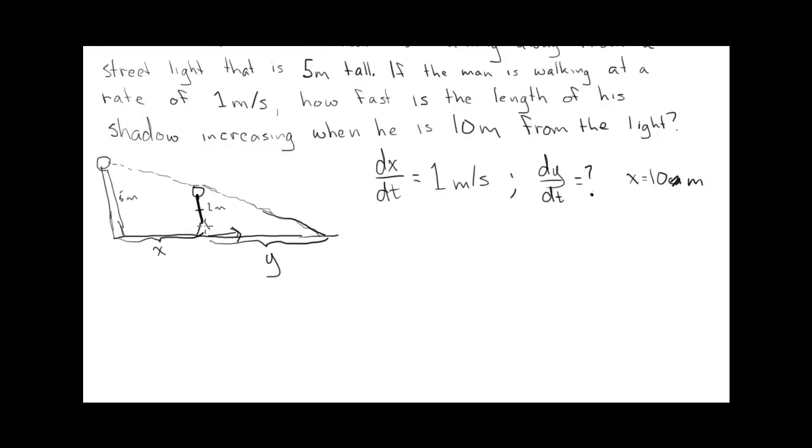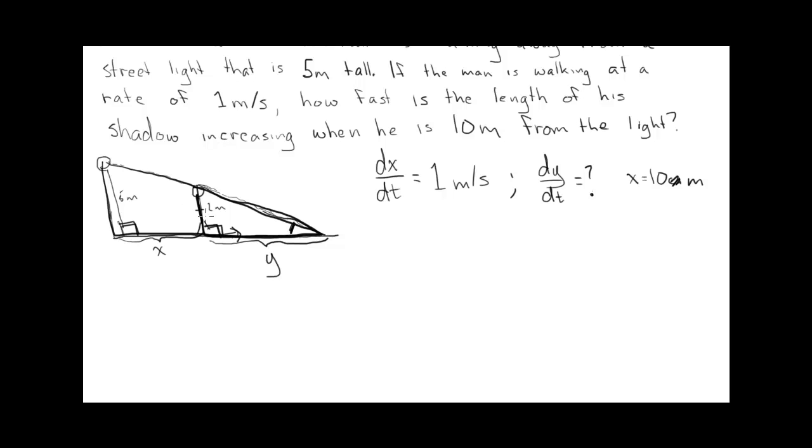One assumption we're going to have to make is that the man is standing straight up and the lamppost too, even though I didn't draw it straight up. So what you've got here are two similar triangles. You've got this triangle, which is similar to this triangle because they both have right angles, and they both share this angle here.